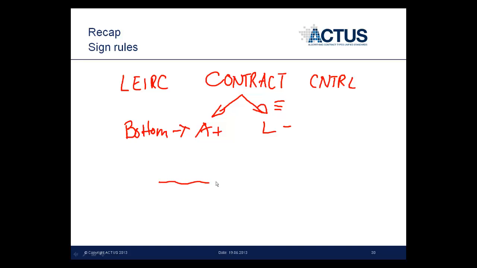So for the asset, we have here T, and we have an outflow followed by an inflow. And for the liability, we have again T for an inflow followed by an outflow.